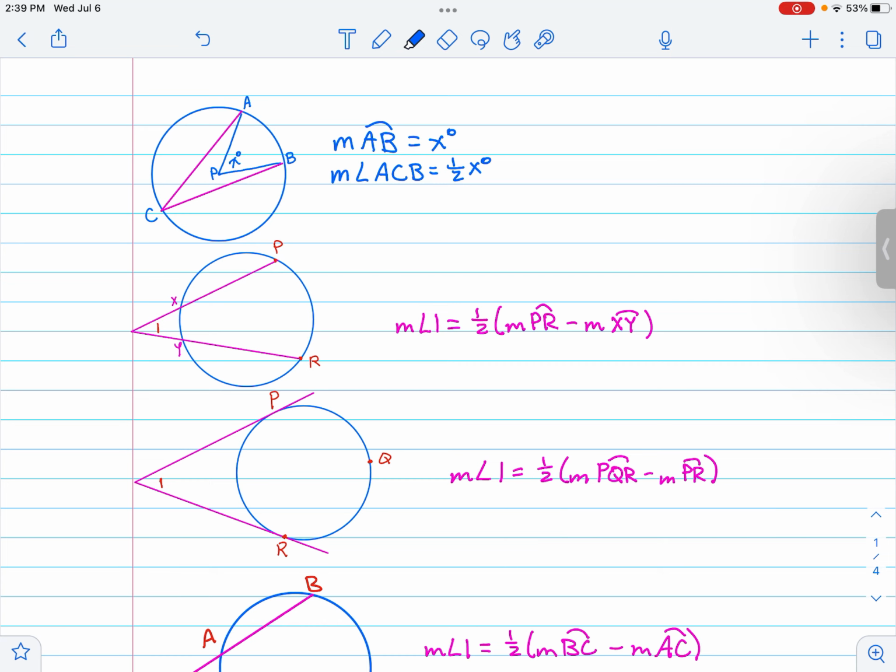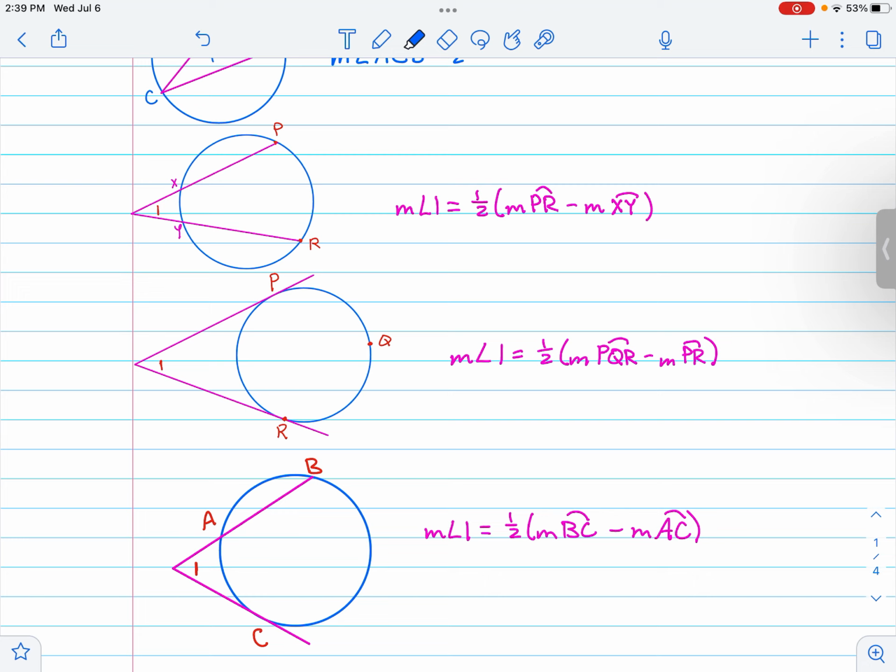Now, I want to look at some others. Look at this one here. Notice we've got an angle that's outside the circle, but the two sides of the angle make secants to the circle. I've got the secant here and the secant here. How do we find the measure of that angle?